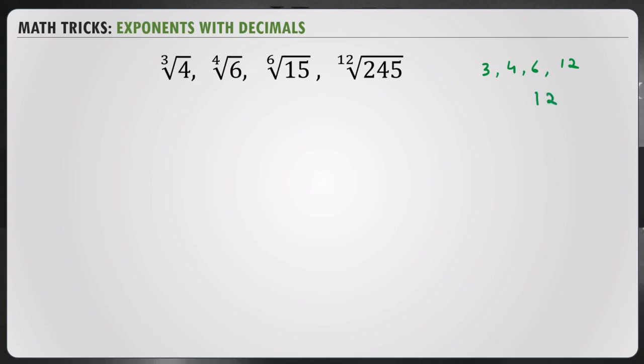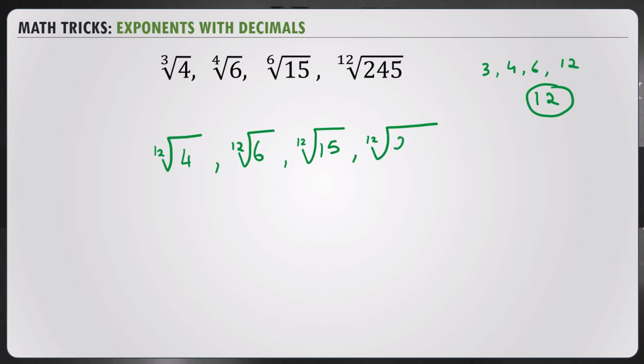The LCM happens to be 12. So we start again. We want the 12th root of each of the four numbers.